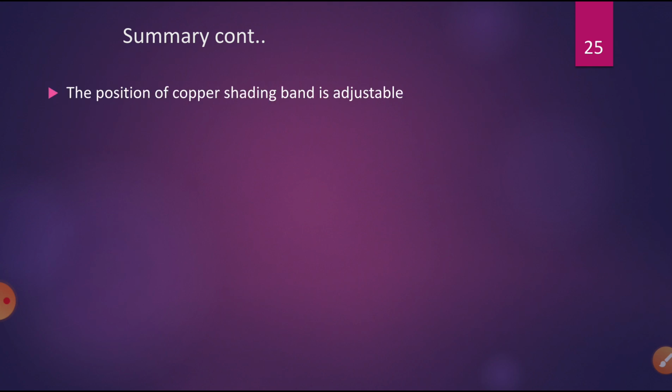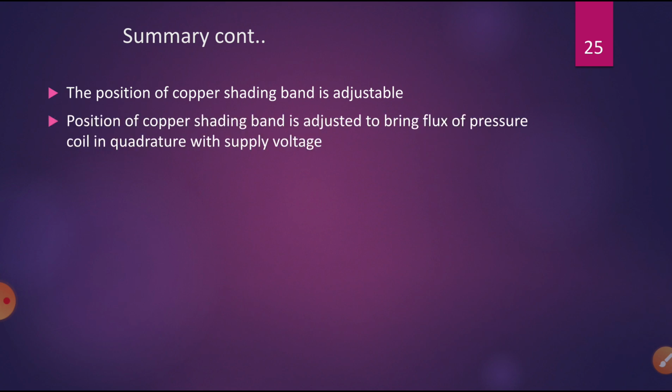The position of the copper shading band is adjustable. We can move this shading ring on the center limb up and down in such a way that we can create a 90 degree phase difference between our voltage and phi 2. What is the purpose, sir? To produce the driving torque. The position of the copper shading band is adjusted to bring the flux of the pressure coil in quadrature with the supply.